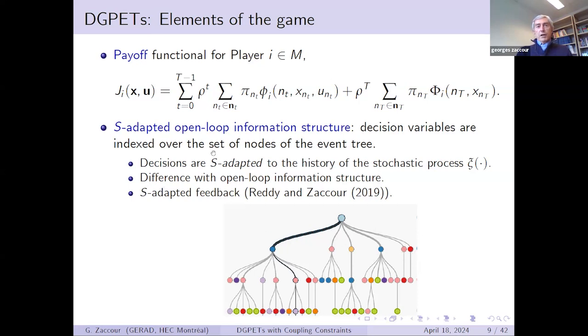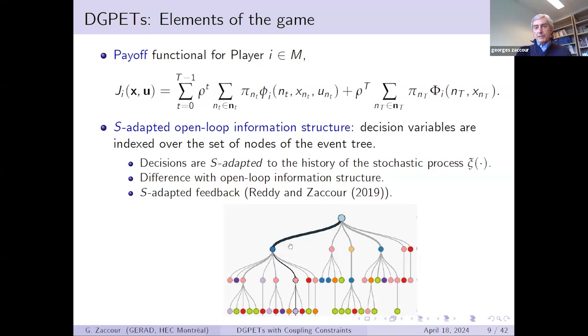values. The game is played in open loop in the sense that decisions are not adapted to the state of the system. However, there is a big difference between the usual open loop information structure and the S-adapted open loop information structure. Here, what we are going to have is a situation where the decision variables are indexed over the set of nodes, meaning what?